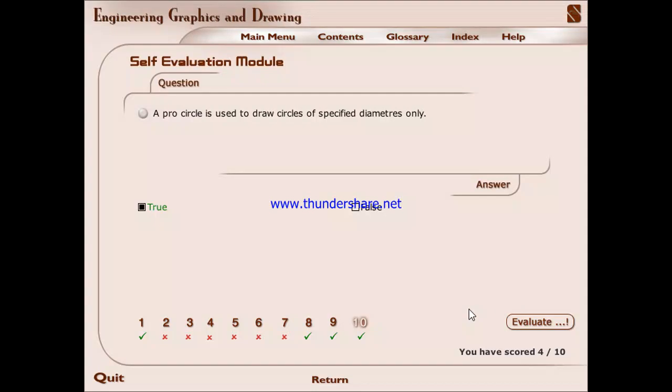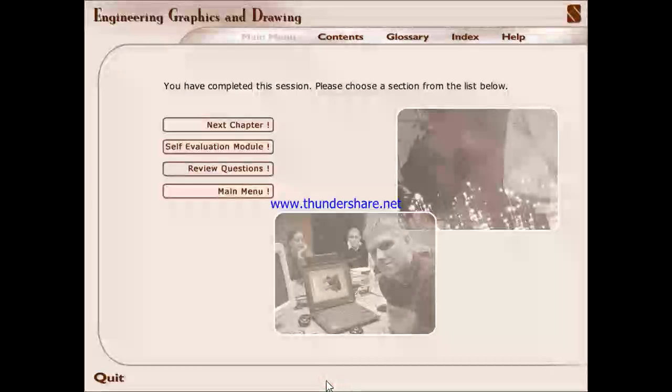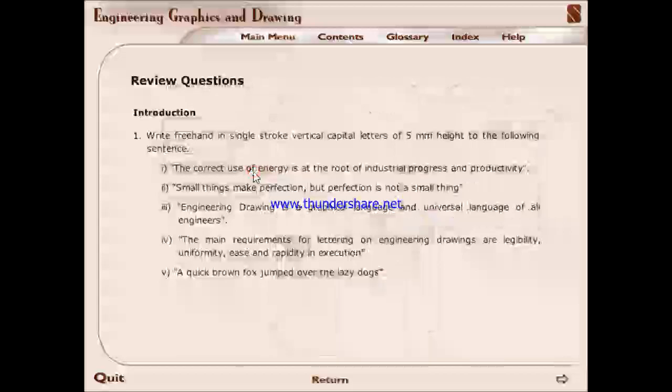So in this way we have to self-evaluate the modules, and similarly we will also discuss some examination questions.